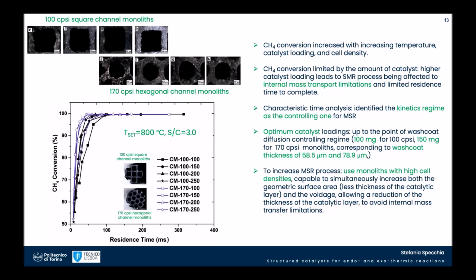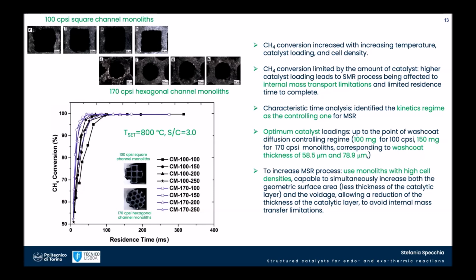So you see the optimum loading is 100 milligrams for the ceramic and 170 for the other one. So it means that you see the thickness is a little bit less than 60, and the other one was something like a little bit 80 microns.